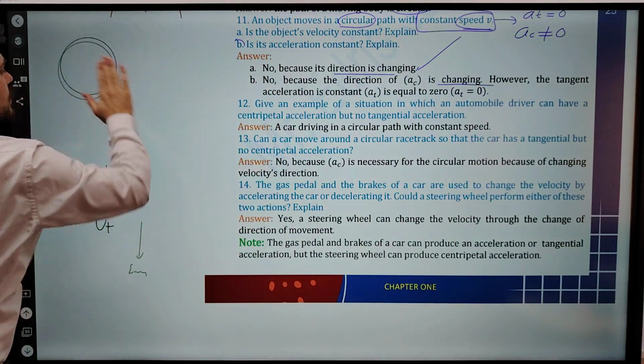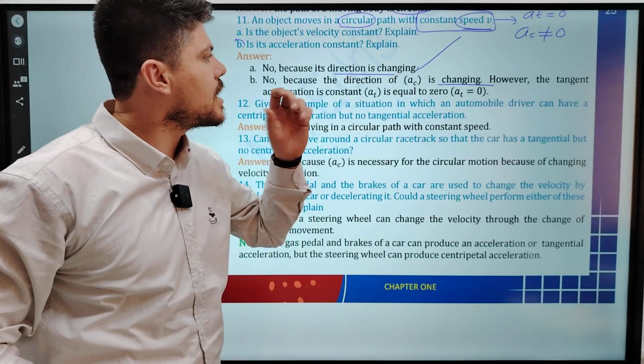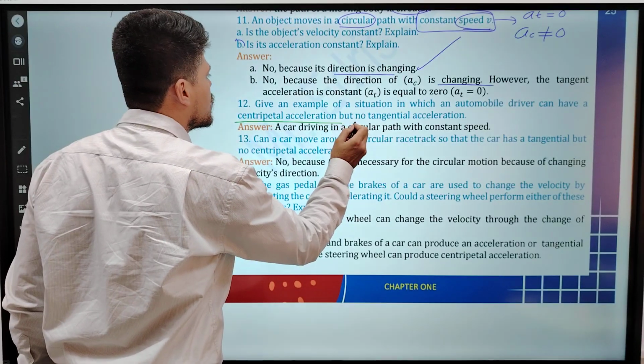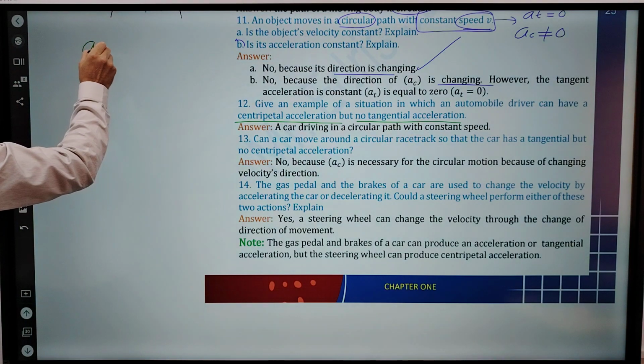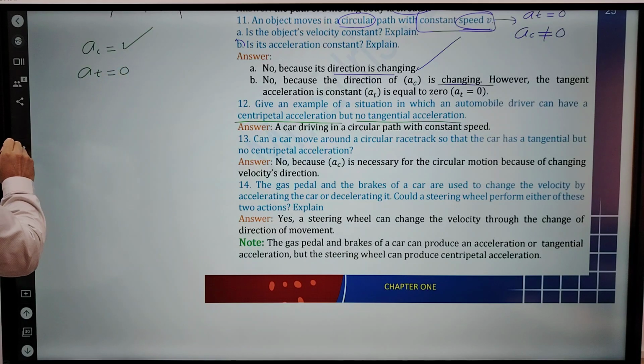Question 12 from the chapter review. Give an example of a situation in which an automobile driver can have centripetal acceleration but not tangential acceleration. When do we have centripetal acceleration but not tangential acceleration?